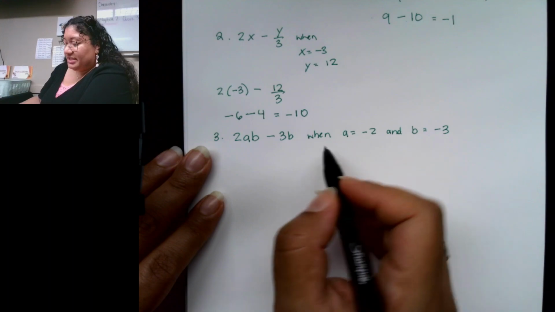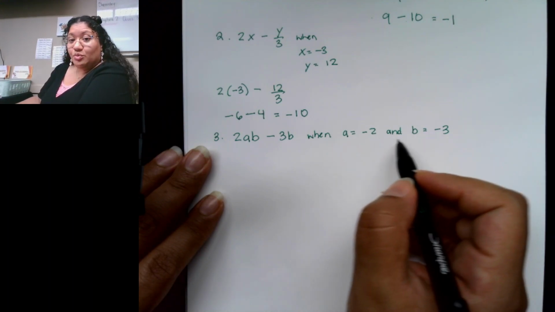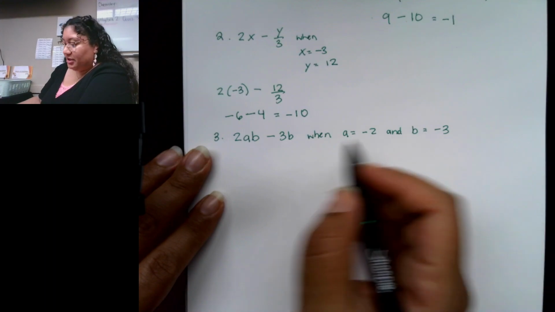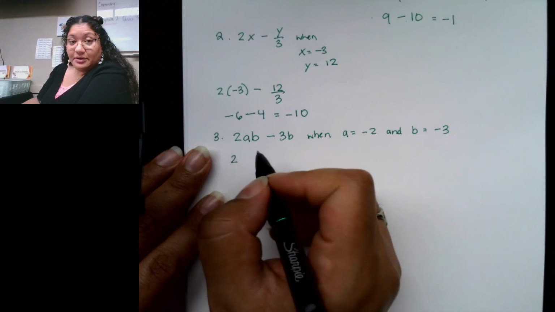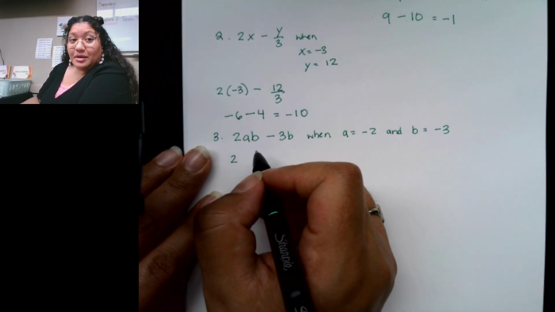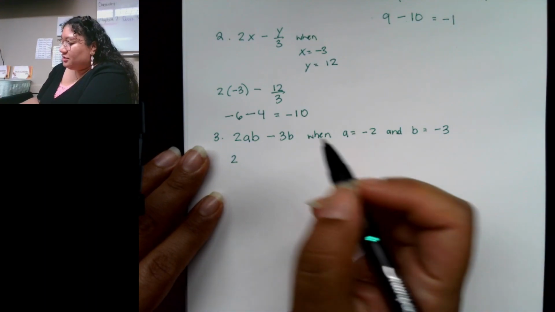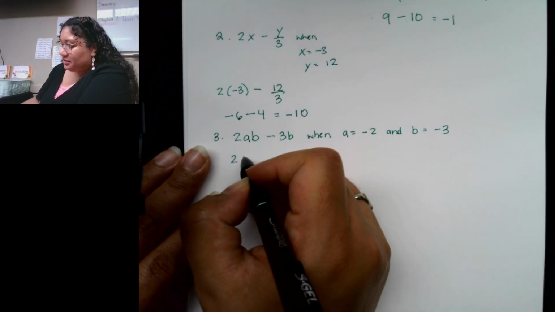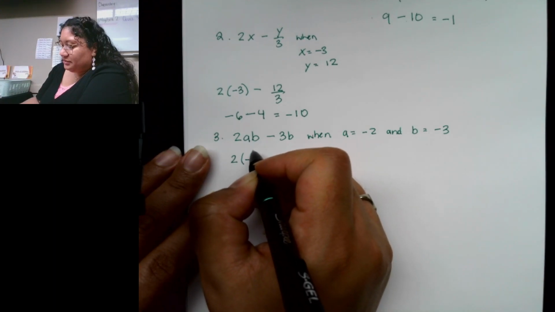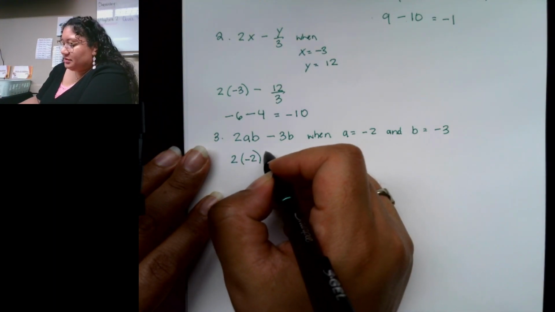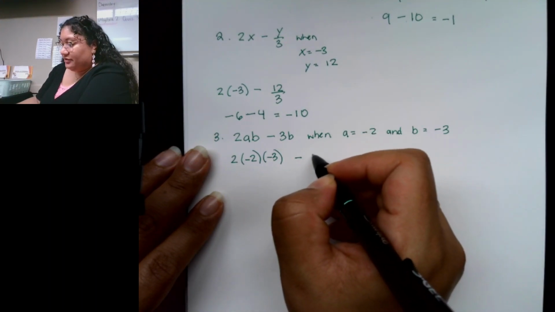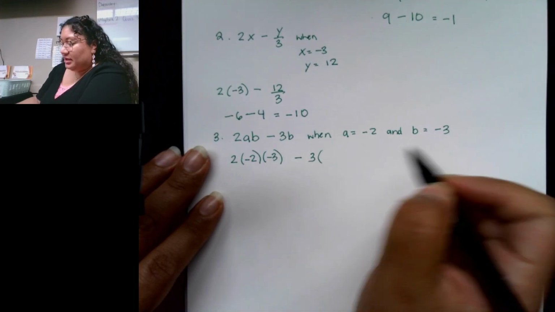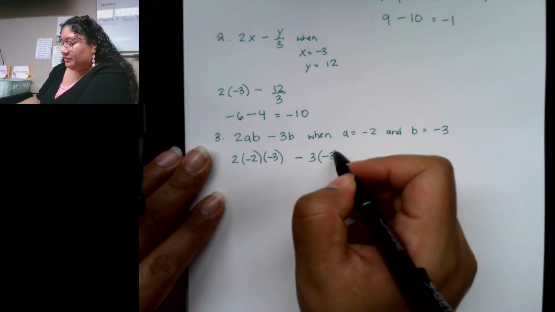So wherever I see an A, I'm going to put -2. Wherever I see a B, I'm going to put -3. So 2, and if there's no symbol, what secretly is there? Multiplication. So I do 2 times negative 2 times negative 3 minus 3 times negative 3.